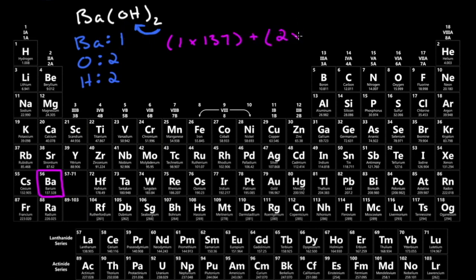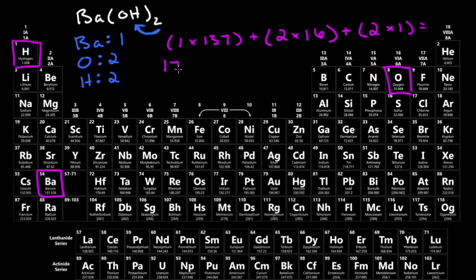So we'll do 2 times the oxygen, which is going to be here. That's going to be 15.9. We'll round that to 16. And then we'll add that to the next one, hydrogen, which is over here. And we want to use that number right there on the bottom, and we'll go ahead and round that. So we got 2 of those times 1. And so when we add all this up, that's going to be 171.